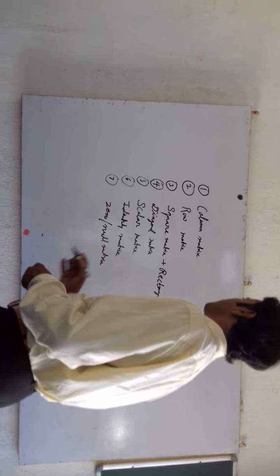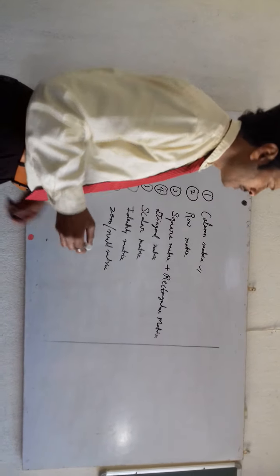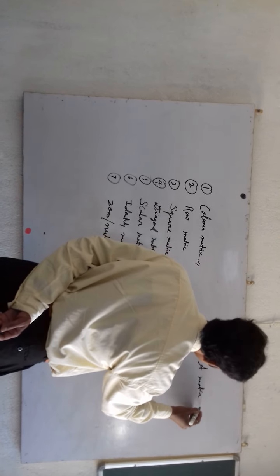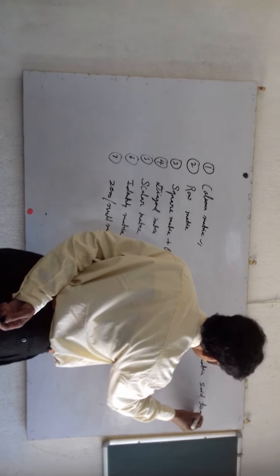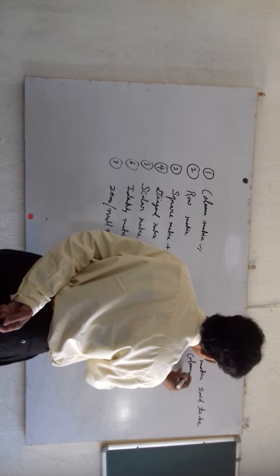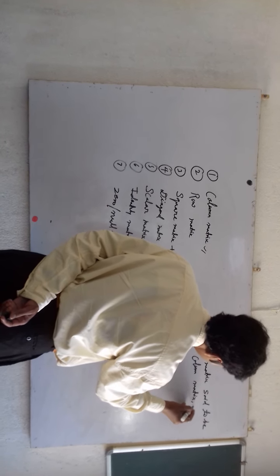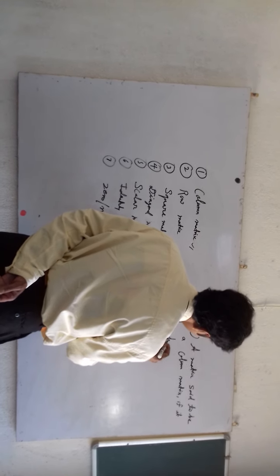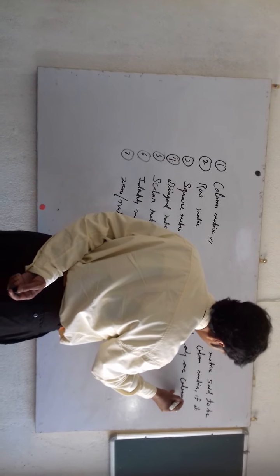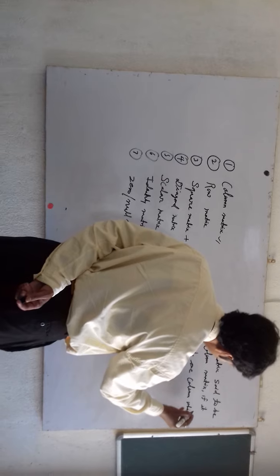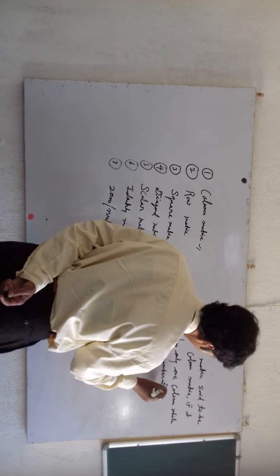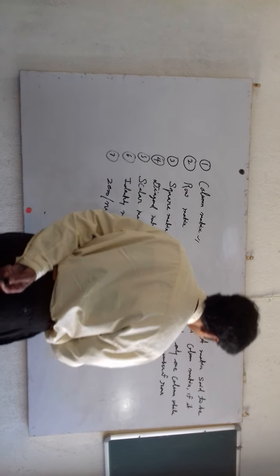The first matrix is column matrix. A matrix is said to be a column matrix if it has only one column while any number of rows.